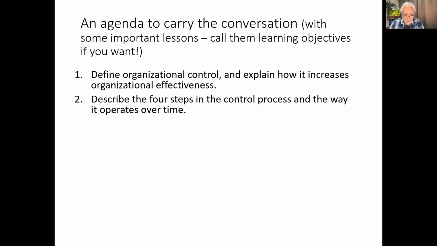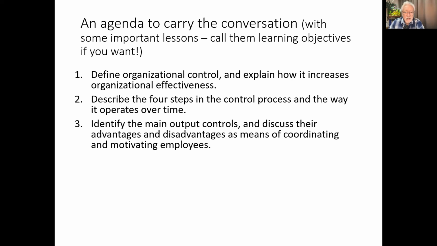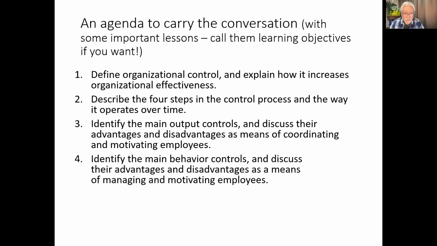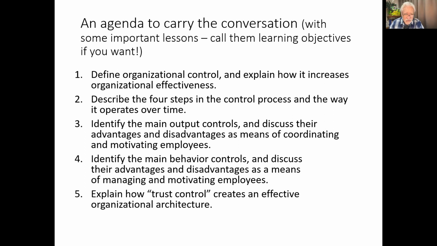We have to figure out whether there's some way to classify or categorize how control takes place, and there are indeed 4 steps in the control process. Then we look at the different types of output control and what happens and what that does to people. And we look at behavior controls. And then finally, we look at trust controls.